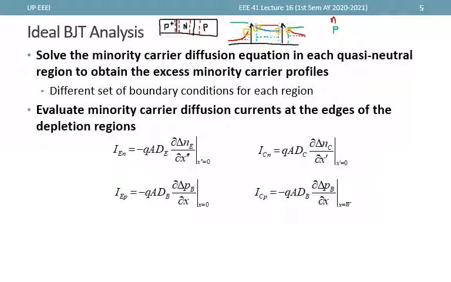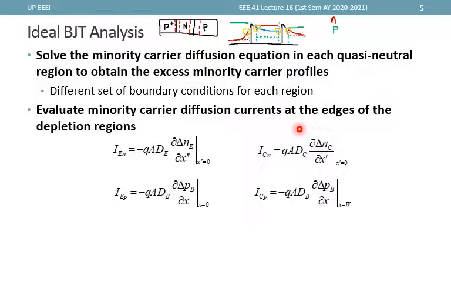Now, if you may recall, our diffusion currents have a negative sign for holes. However, this part here is for electrons, but since we are using x double prime, we add a negative sign.